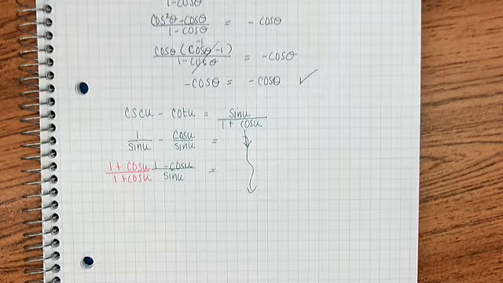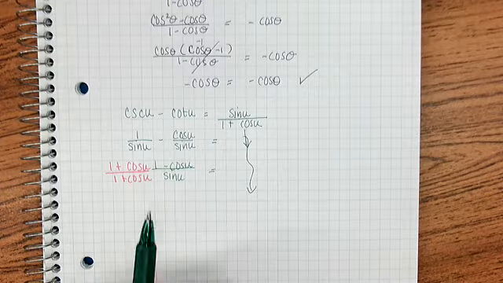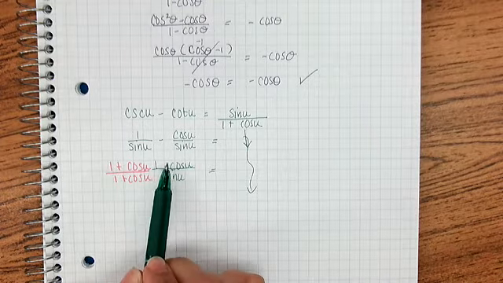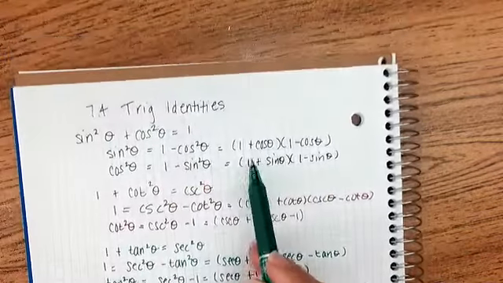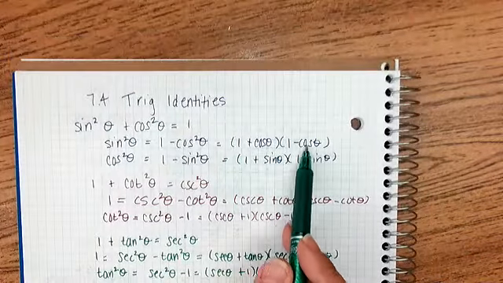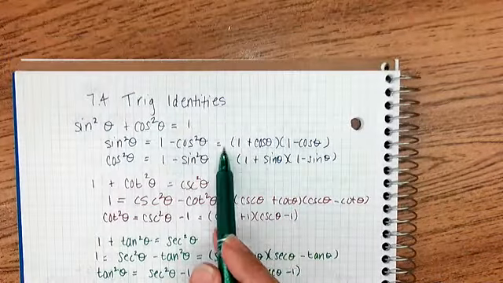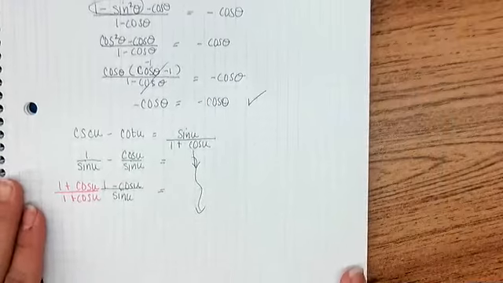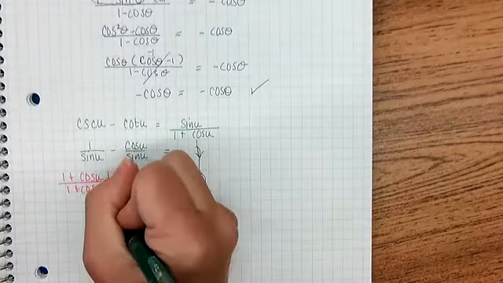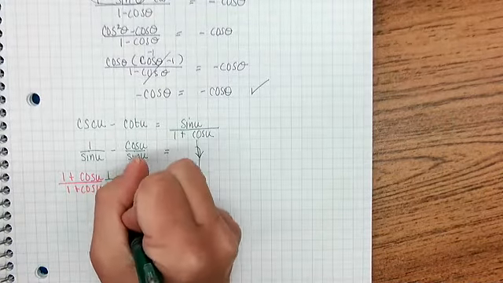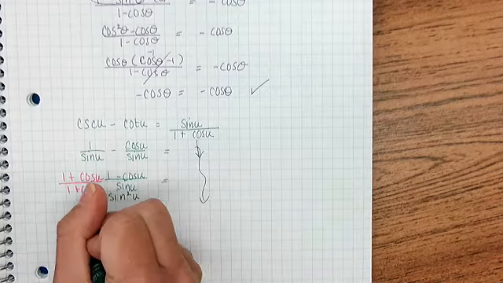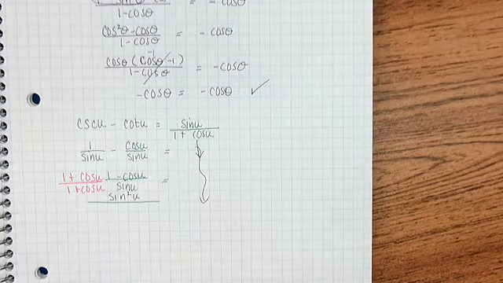So now in the numerator, 1 plus cosine, 1 minus cosine, sine squared. Do you see it?